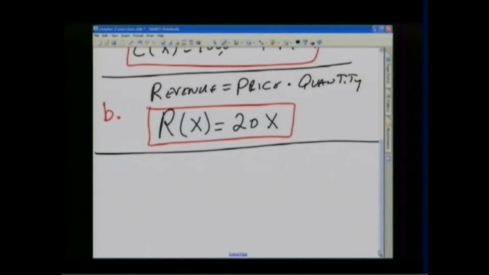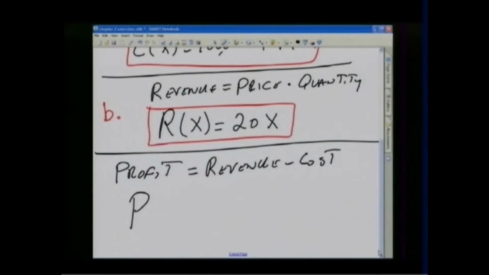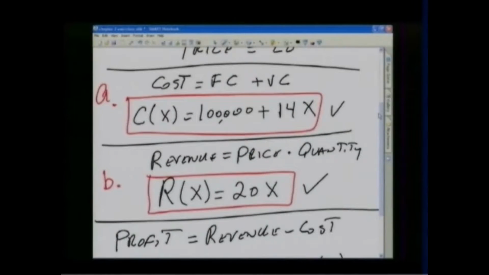What is the profit function? Profit is revenue minus cost. If I want to show profit as P of X, it would be R of X minus C of X in the function form. Well, we already have the revenue function and the cost function here.